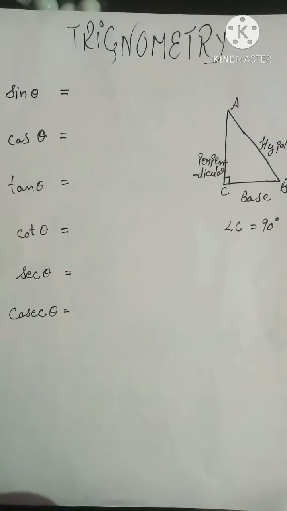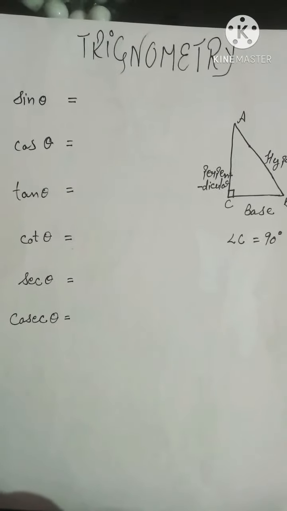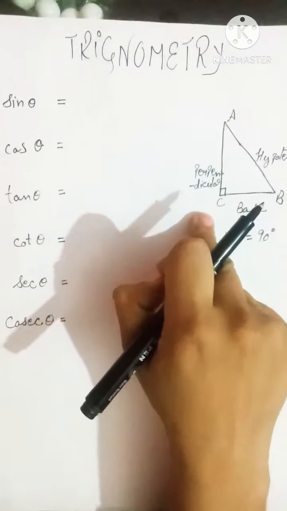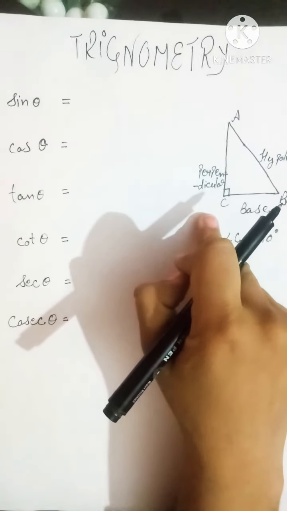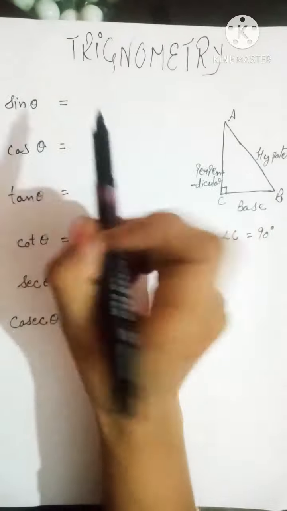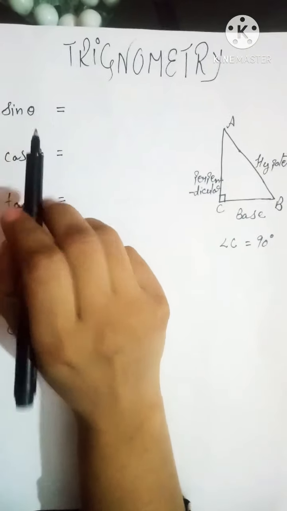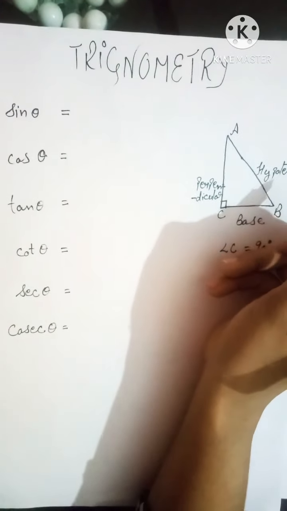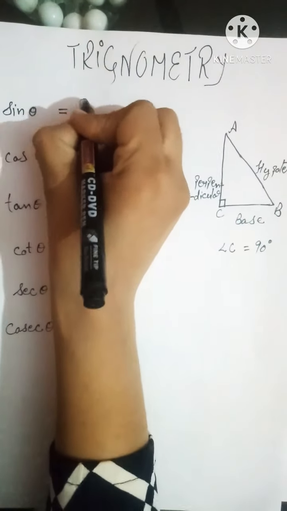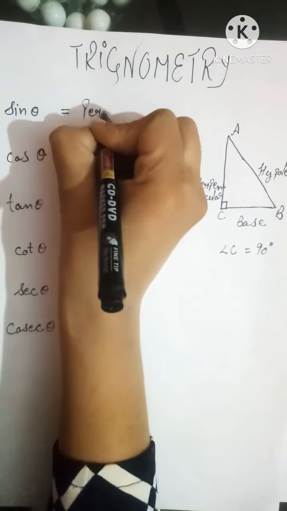Actually, the values of these t ratios can be found by using this right angle triangle. How can they be found? Let's start. Sin theta is a function of perpendicular upon hypotenuse.